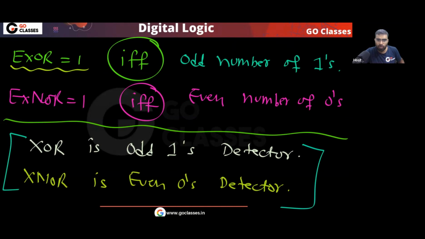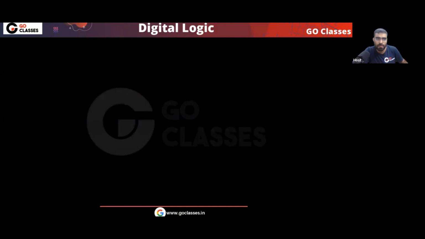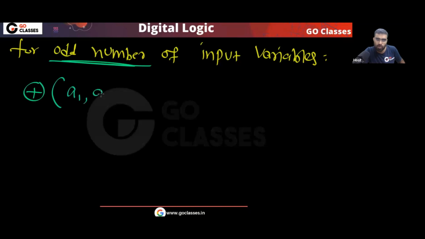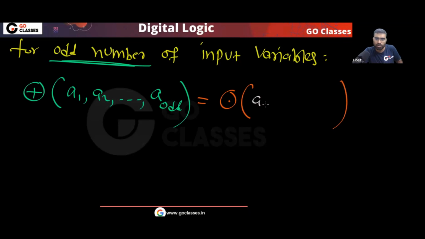Now, if you have an odd number of input variables, then in this situation XOR will be same as XNOR.